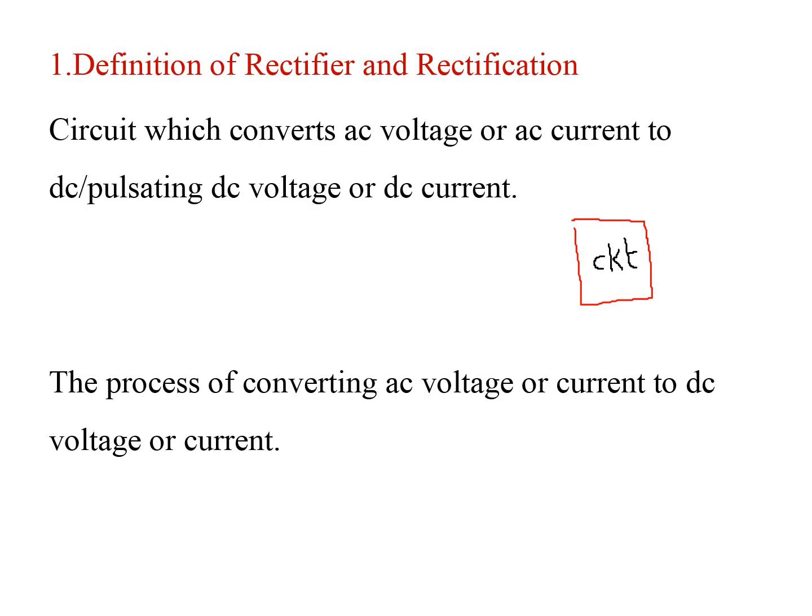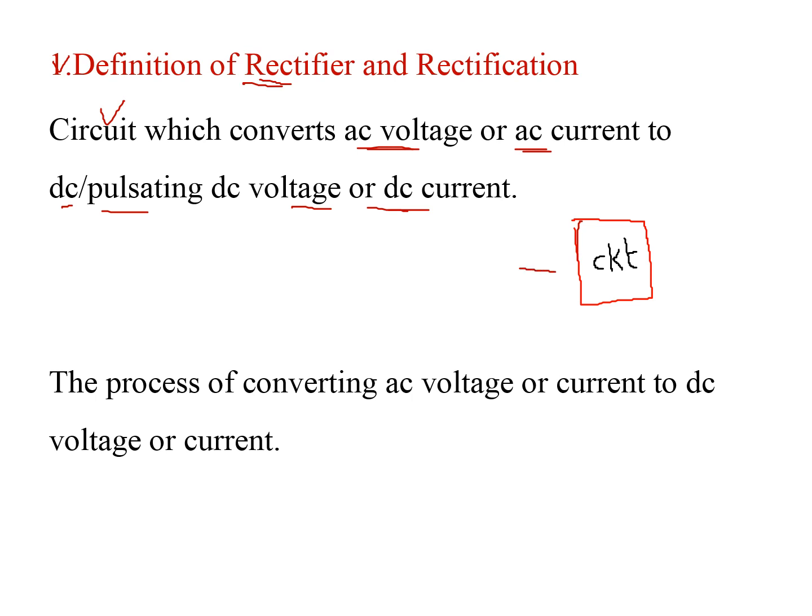Coming to the first concept, that is the definition of rectifier and rectification. A rectifier is defined as a circuit which converts AC voltage or AC current to DC or pulsating DC voltage or current. Consider this simple circuit.